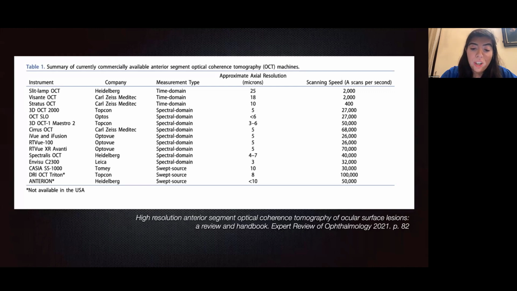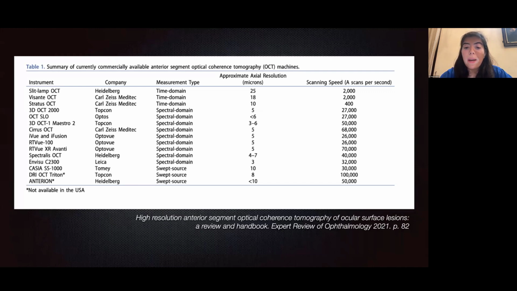The transition from time domain over to spectral domain or Fourier domain devices has permitted faster scanning speeds and higher axial resolution images due to the employment of spectrometers, high-speed cameras, and broadband light sources to allow for simultaneous capturing of all A scans.